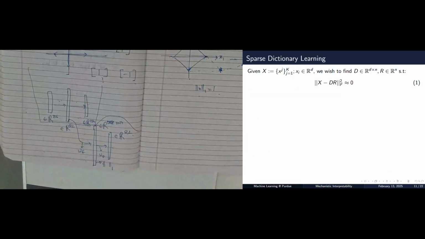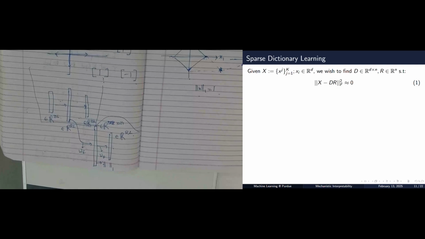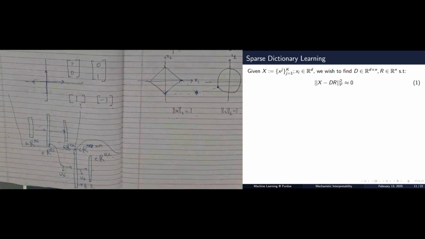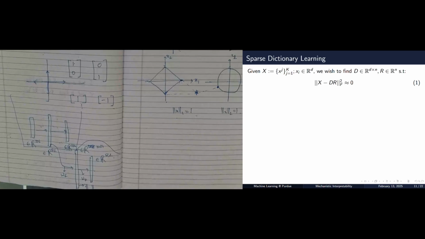So the formal definition of this task is dictionary learning, where we want to find this particular dictionary that corresponds to a particular type of monosemantic recomposed feature, and we want this error to be 0. D is trainable. R is the reconstruction, I think.